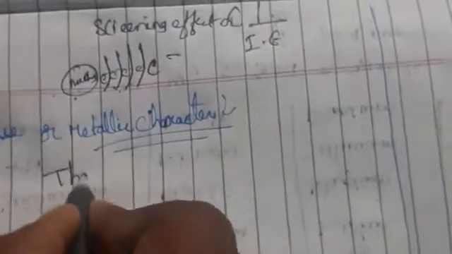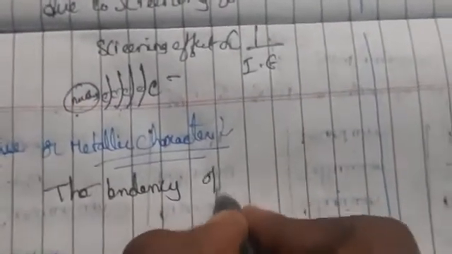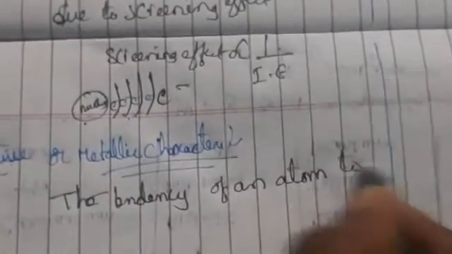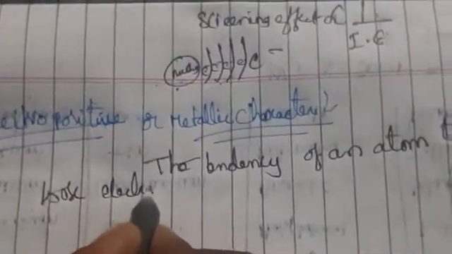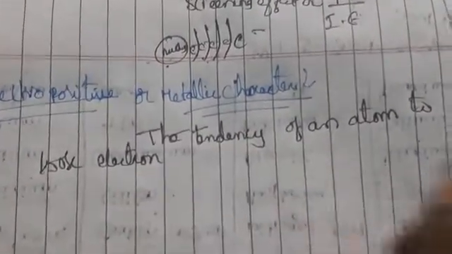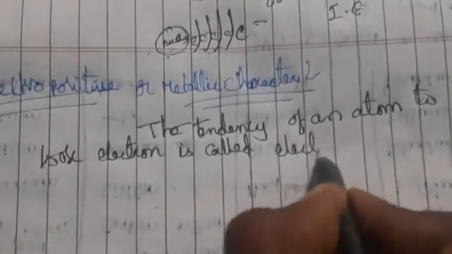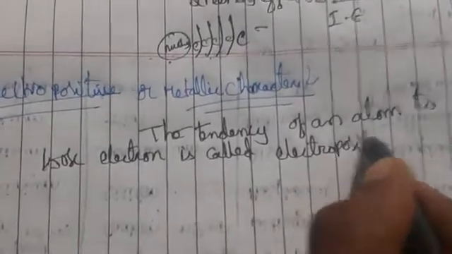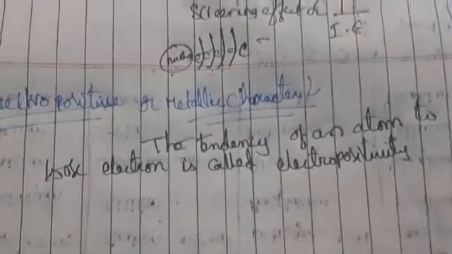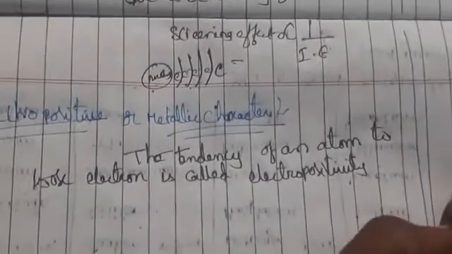What is electropositive? It is the tendency of an atom to lose an electron. The tendency of an atom to lose an electron is called electropositivity or metallic nature.